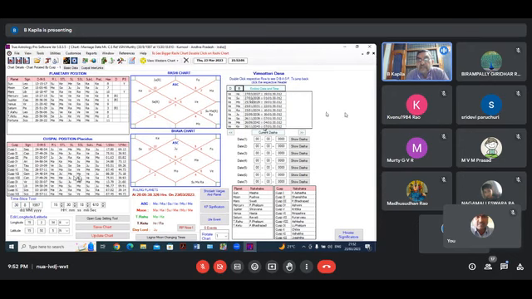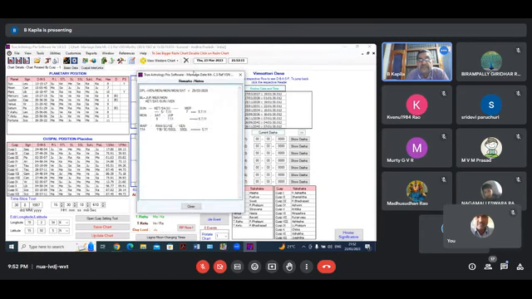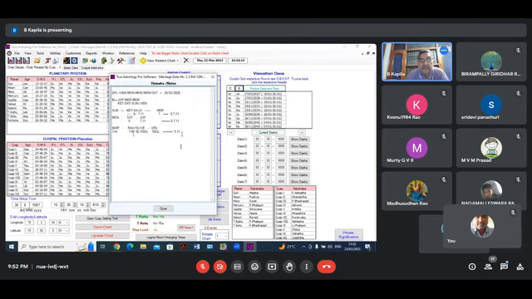Bhukti of Moon starts from 27/3/2028. Moon Bhukti is from 27/3/2028 to 25/11/2029.